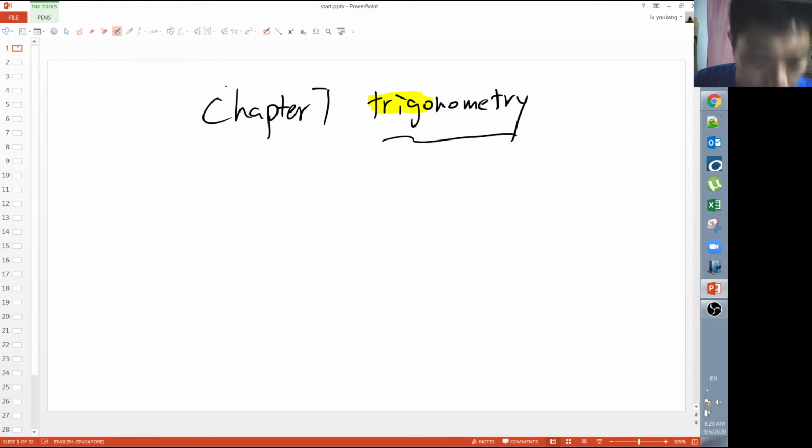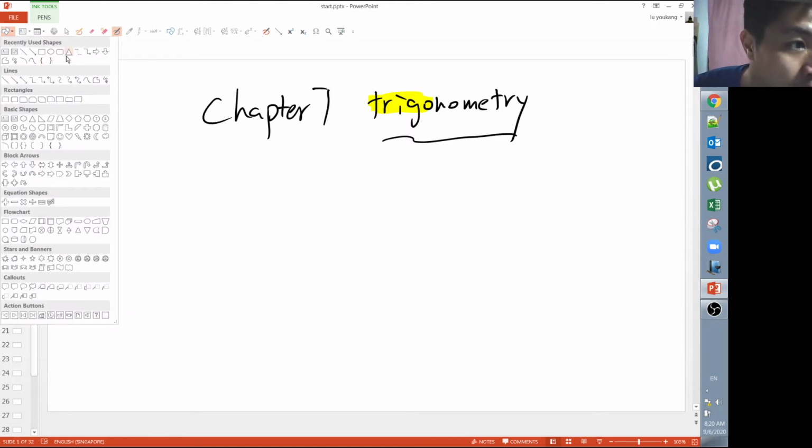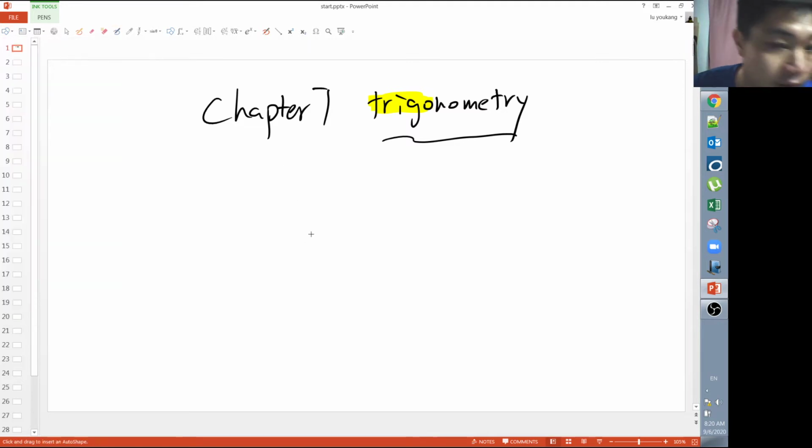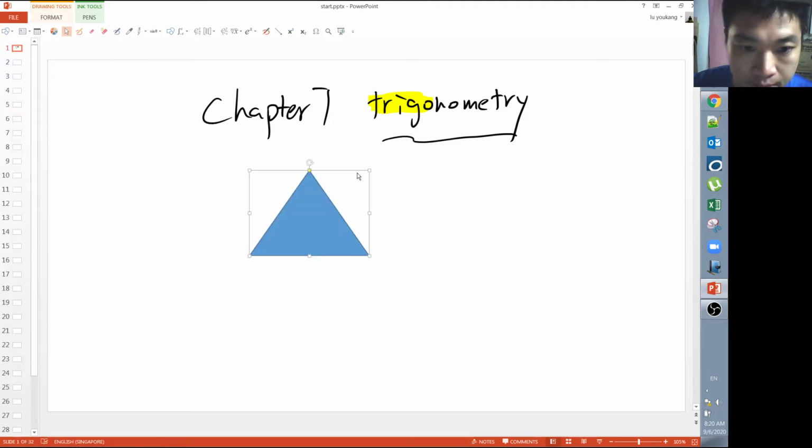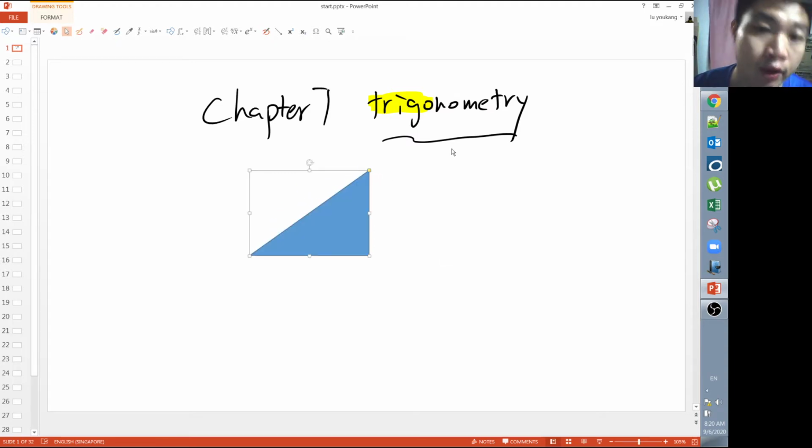So without further ado, let's start off with some terms you need to be familiar with before you can do trigonometry questions. So this topic deals mainly with triangles, and to be more specific, we are going to talk about right angle triangles this chapter.